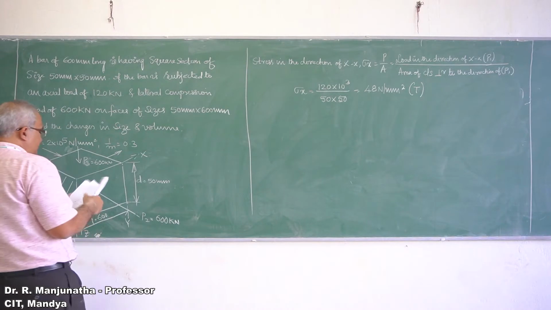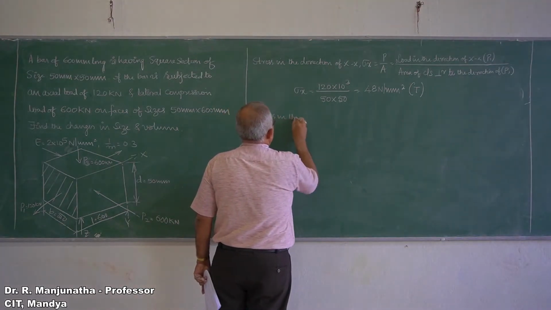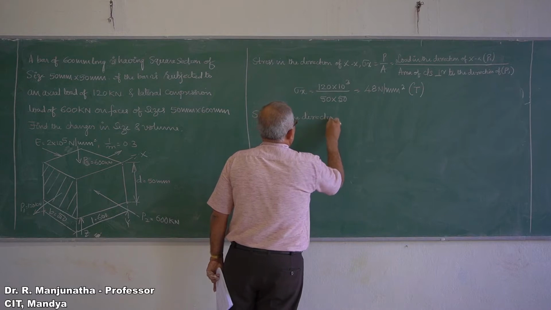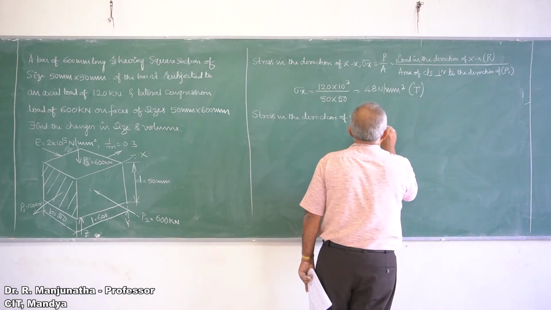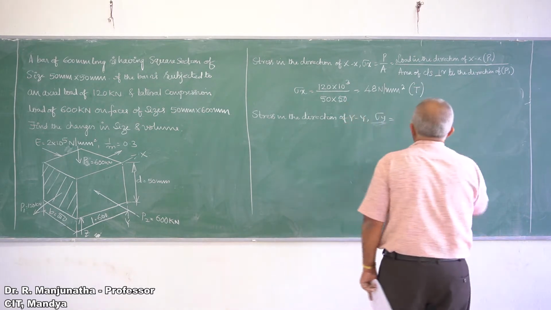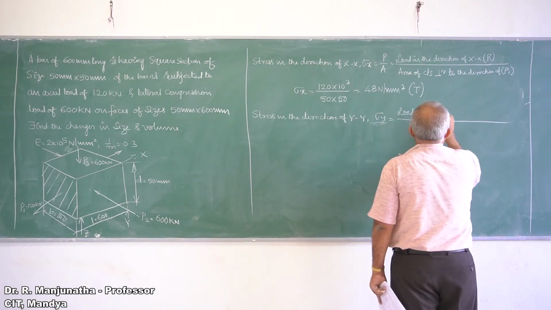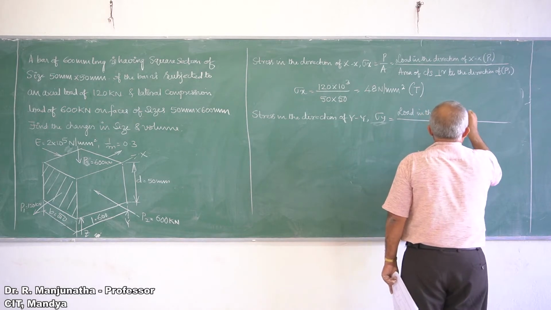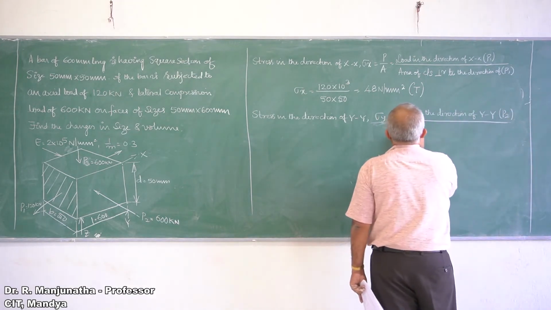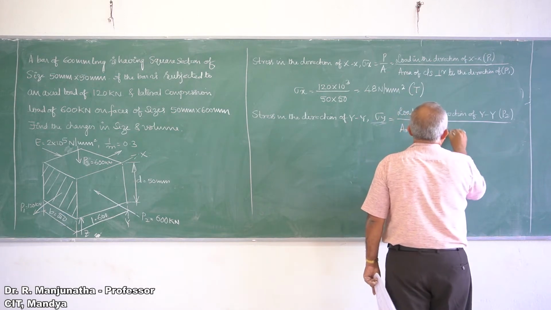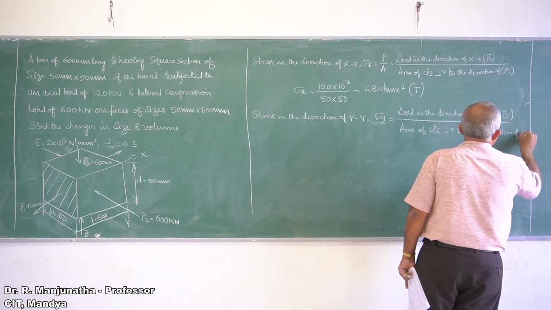Now we take the stress in the direction of yy, which is sigma y, again P by A: the load in the direction of yy, which is P2, divided by the area of cross section perpendicular to the direction of P2, the load applied.